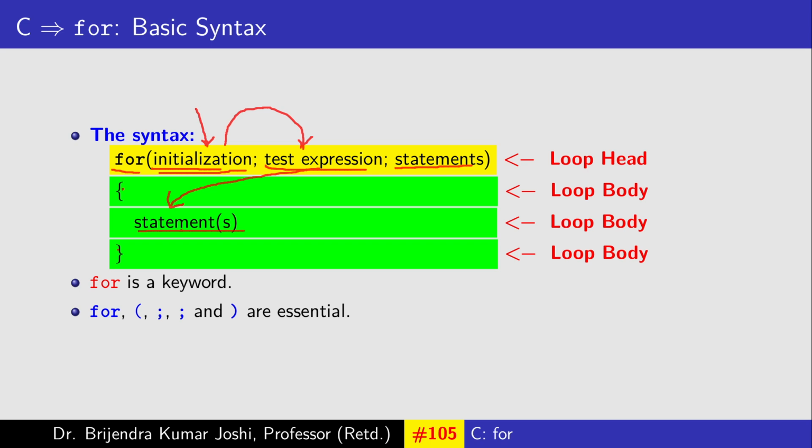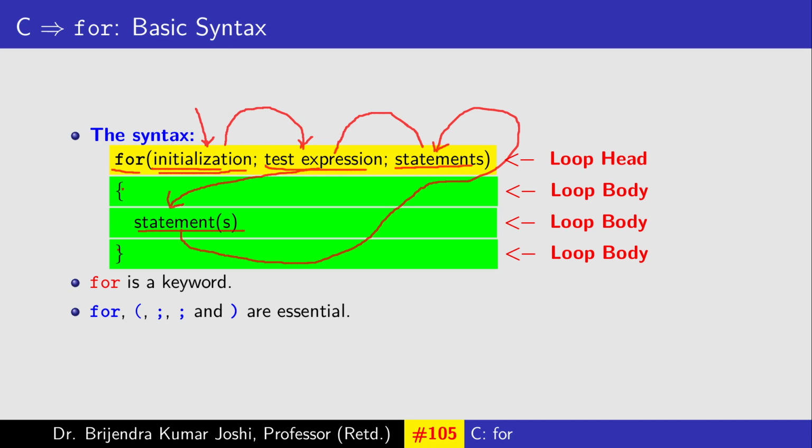After finishing the execution of these statements, it goes to the increment or decrement statements, which may change the value of the test expression. After executing these, it goes back to the test expression.